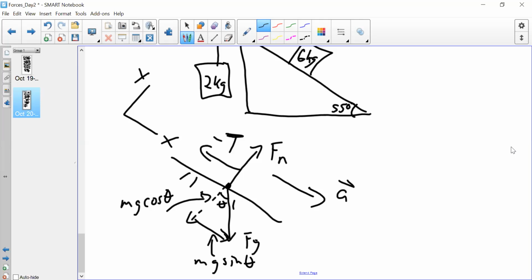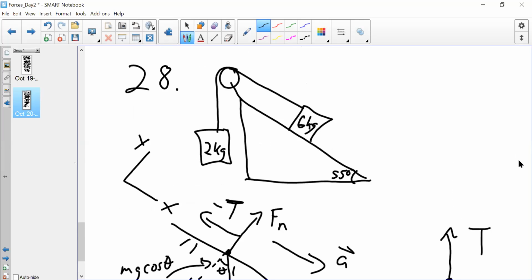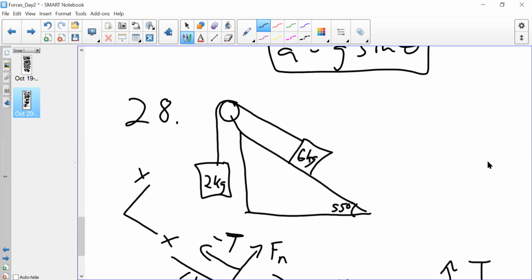And we're good for that particle, that box. And so now the free body diagram for the hanging 2 kilograms is easier because now the tension is going to be positive, because that's going with the system. So the entire system is moving together. But when they say acceleration of the objects, that's implying that they have different accelerations. They don't. They're moving together. This is the system of equations in real life.